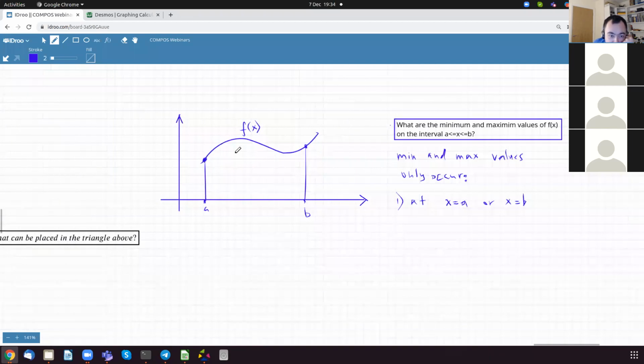This is the minimum value of the function on the interval. So this is the f min.